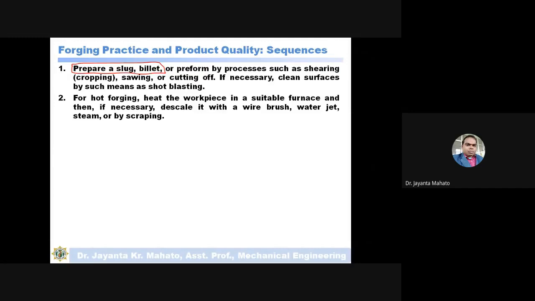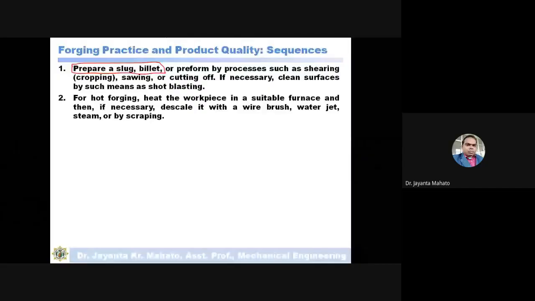So by using a wire brush or water jet or steam or by scraping, you can remove this oxide layer, and this is actually called descaling. The heated material you have to descale, and sometimes it is required to avoid defects also. So descaling is necessary.